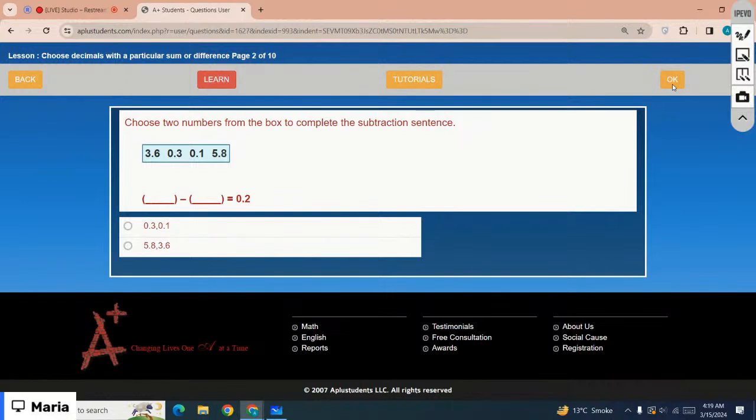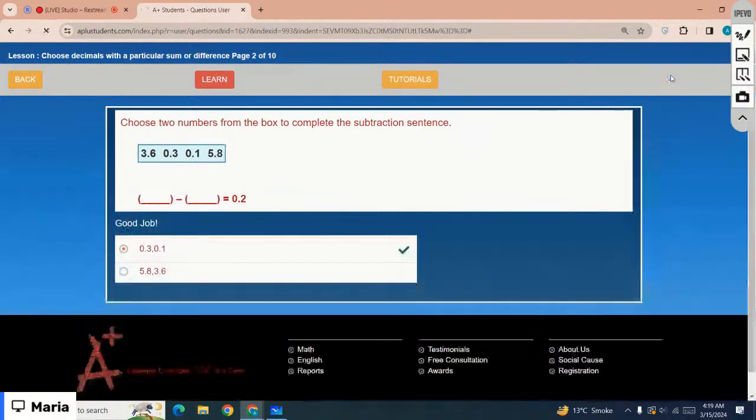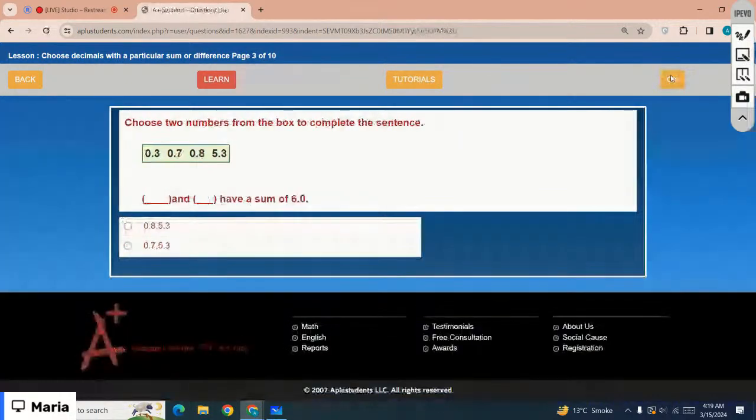Yes, that is 0.3 take away 0.2. The correct option, sorry, 0.3 take away 0.1. The correct option is option number 1, right?